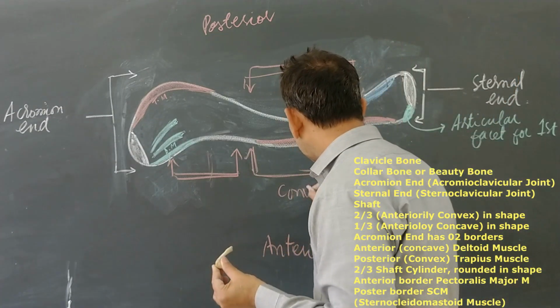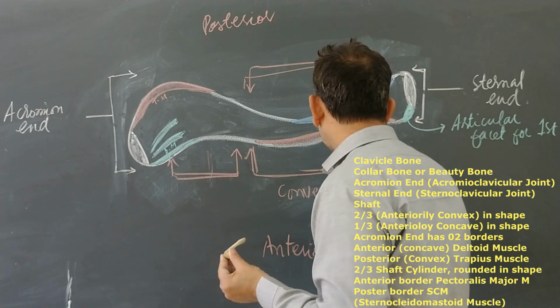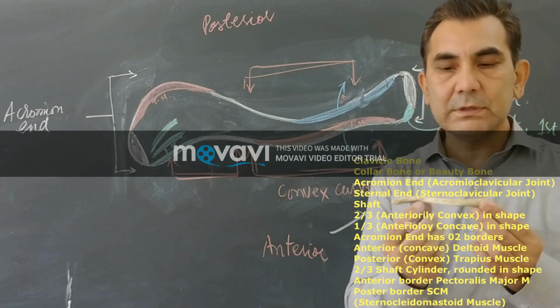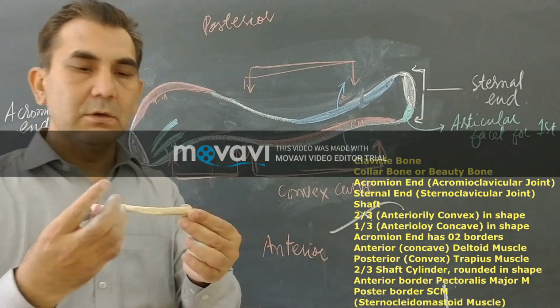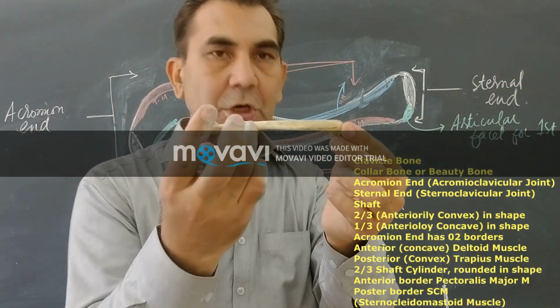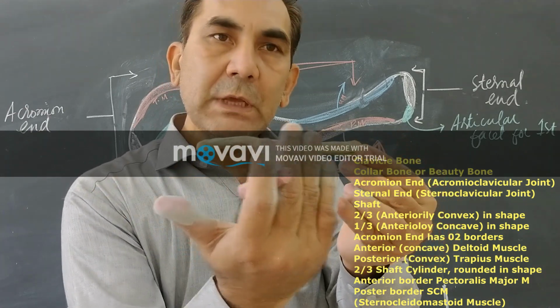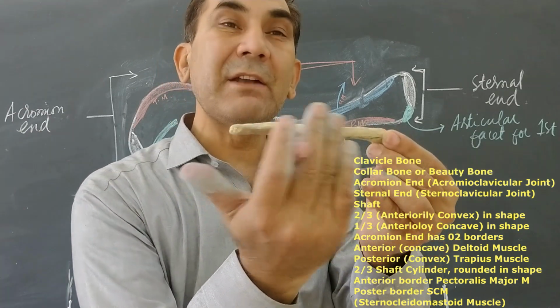This curve is a convex curve. The two-thirds portion of the clavicle bone from the anterior side is convex in shape.